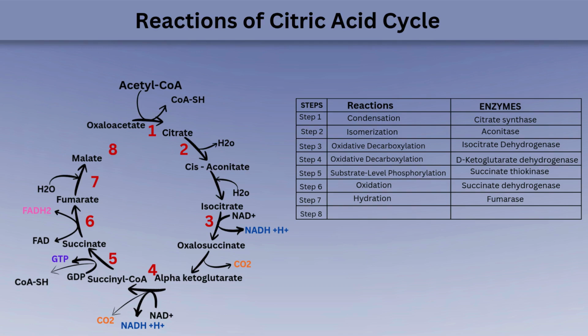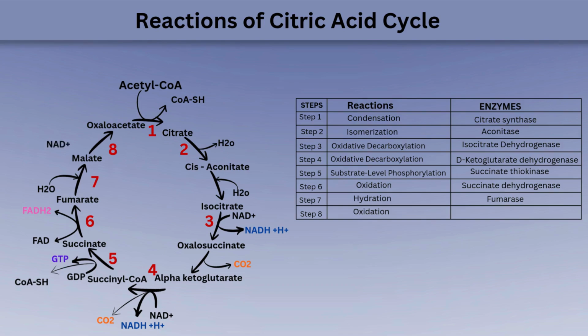Now comes step number 8, which is regeneration of oxaloacetate. And the reaction type is oxidation. In this step, malate undergoes oxidation and becomes oxaloacetate.